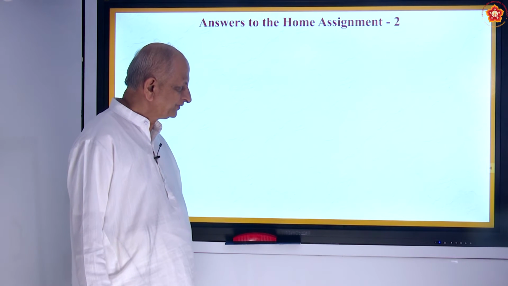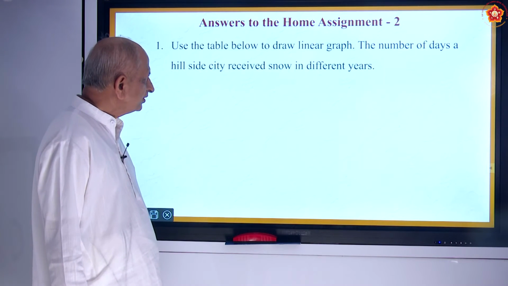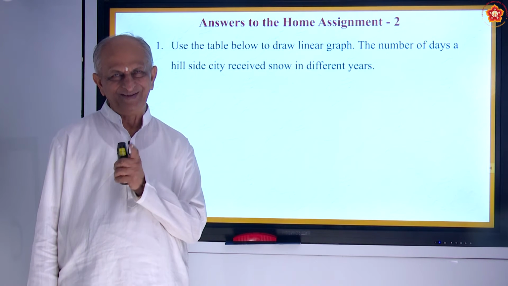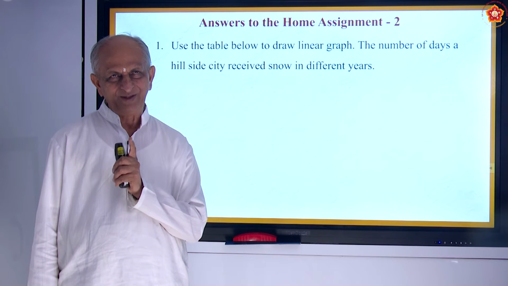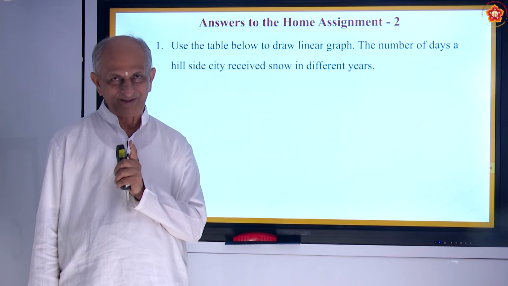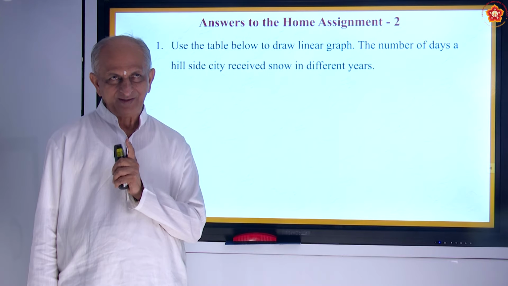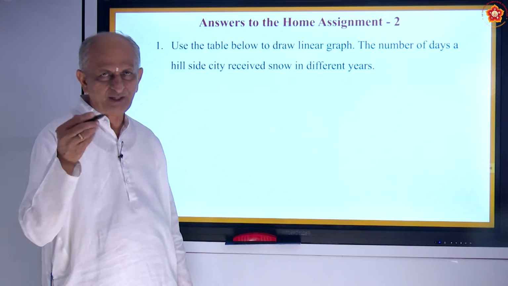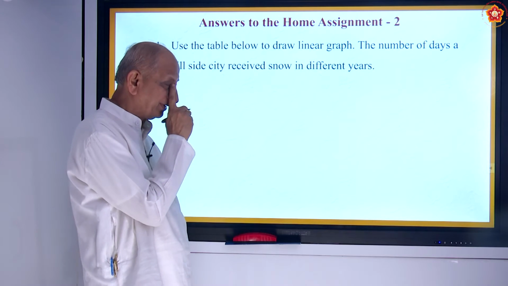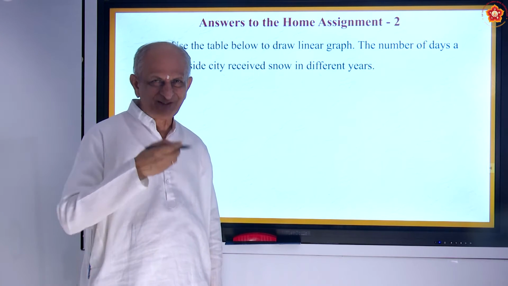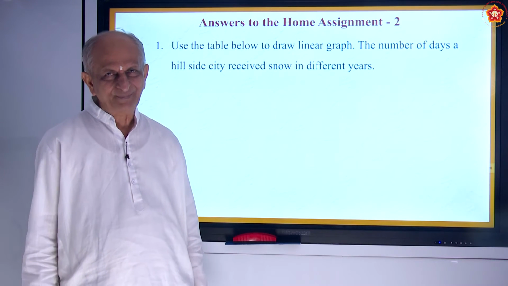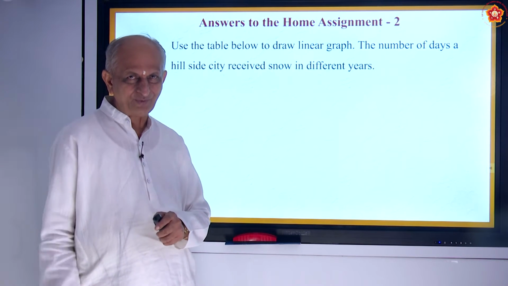Now coming to home assignments. How many have tried this? Okay. Every time the home assignment is given, you must try to do it. Only if you are not able to do it, then you must take help. And don't wait for the answer every time. Correct? So afterwards, be regular in home assignments also.